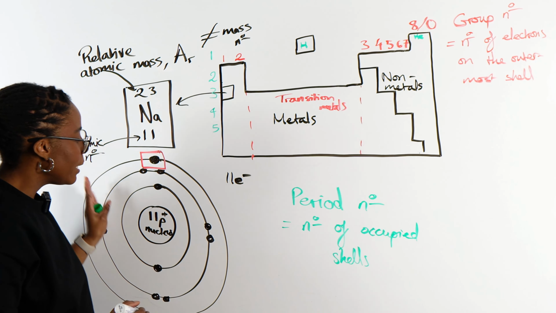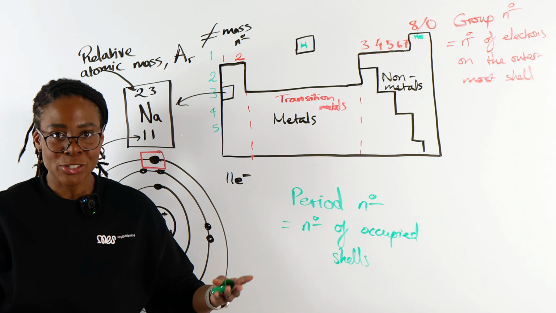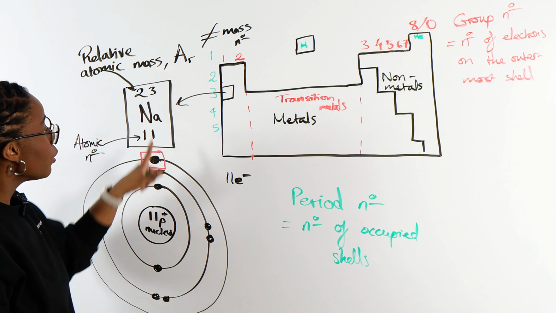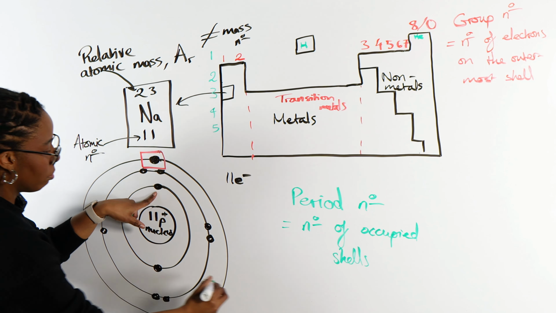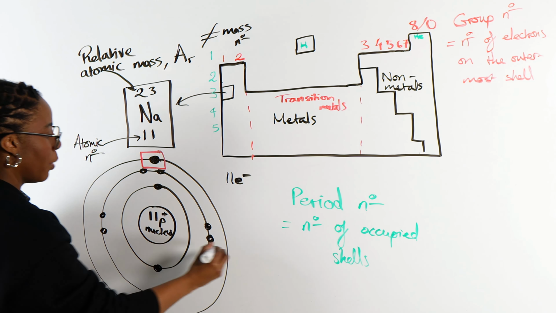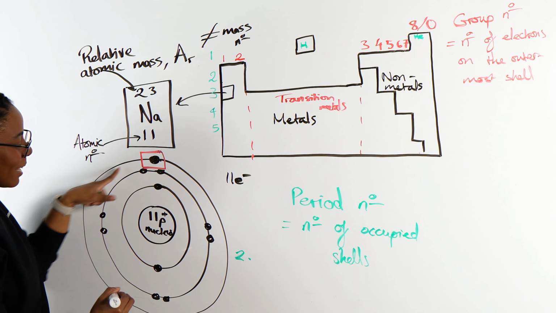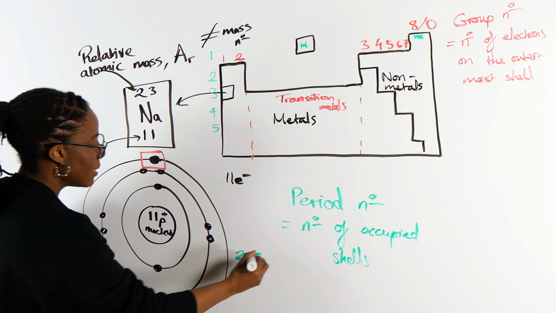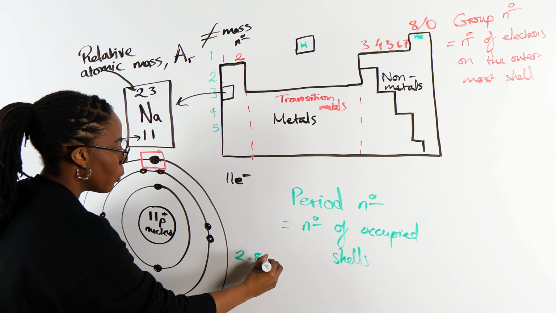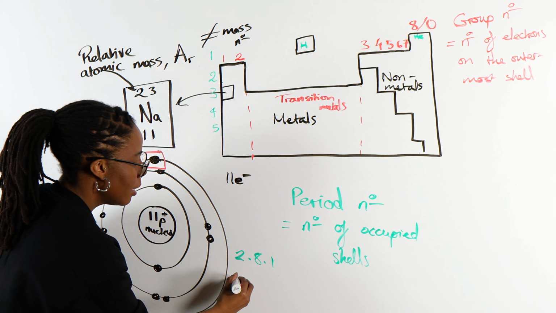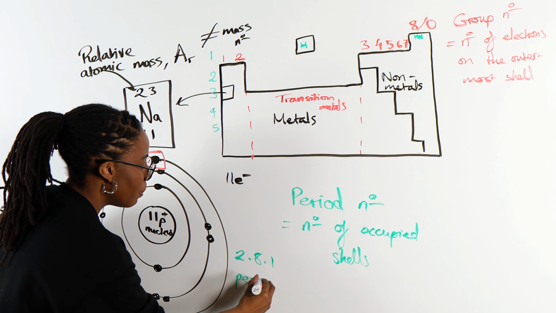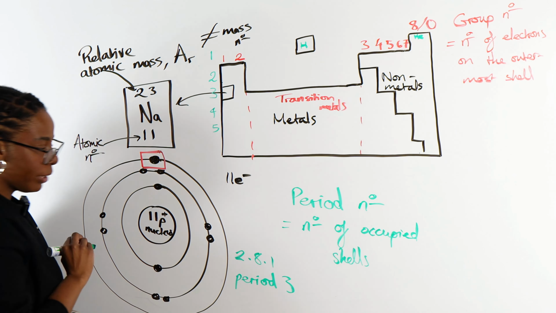So how many electron shells have actually got electrons in them? So for example, sodium has got one shell, the one with the two, then a second shell, the one with the 8, and then a third shell, the one with the 1. So 3 occupied shells, therefore sodium is in period 3.